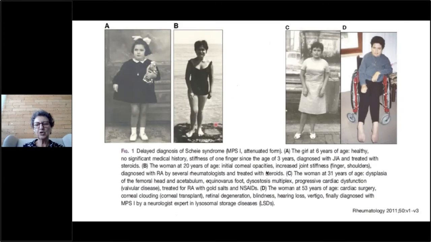Initial corneal opacities, increased joint stiffness. It's not from arthritis. And she was treated with steroids.